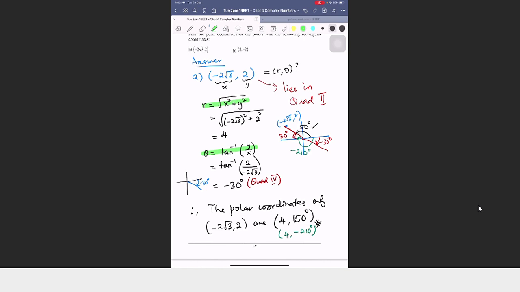Quadrant 4. Yes, 2 minus 2 lies in quadrant 4. So straight away for this question, the calculator will give you an angle in quadrant 4 because the value is negative, isn't it? So that's why it gives you -pi/4 or -45 degrees, right?